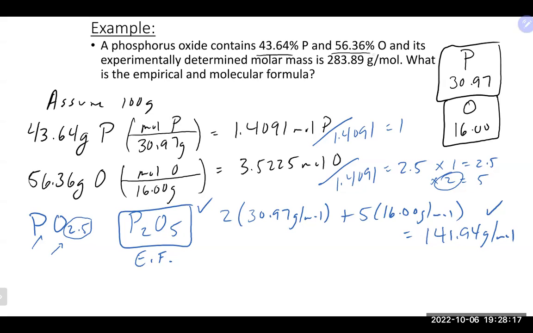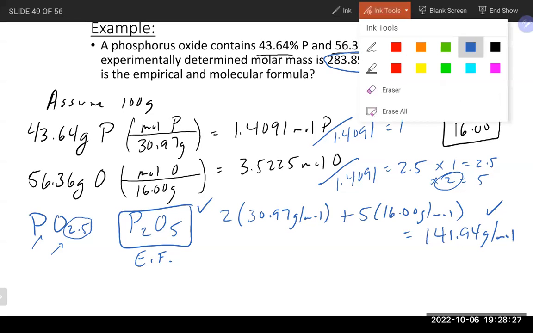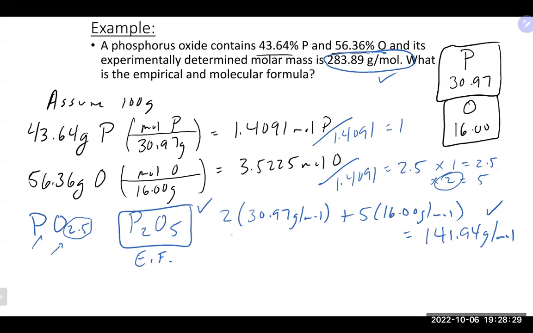In this case, we do have the molar mass given to us, which is typical in molecular formula problems. So once again, we take the molar mass that was given to us and divide it by the molar mass of our empirical formula, which was 141.94. And that is going to get us a number of about 2 here.